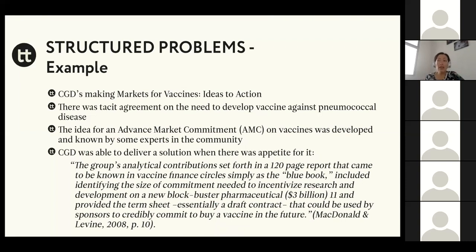So when CGD started working on this issue, they were already working in a very structured setting. People agreed that this is something that had to be done, and people already had an idea that maybe having advanced market commitments was a possible solution.